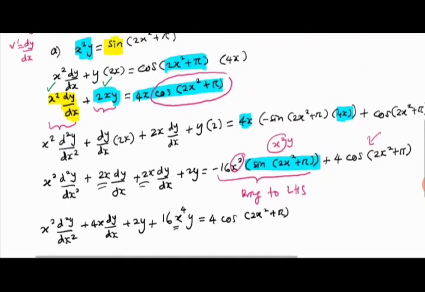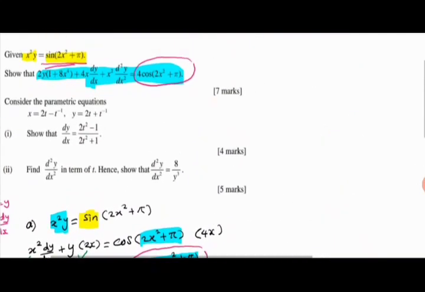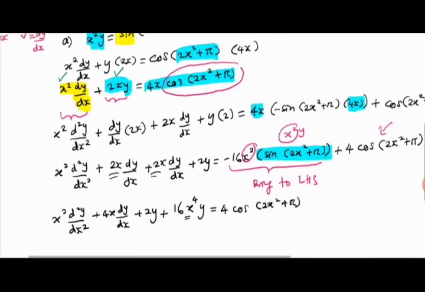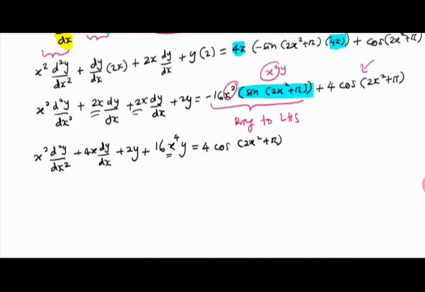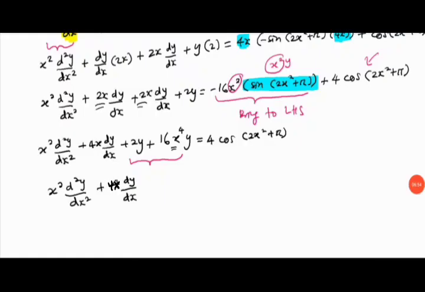And then let's check out the one that we want to prove. Okay, so this is the expression. From here we can factorize y. So we have x squared d square y dx square plus 4x dy dx. And then I'm going to factorize 2y.